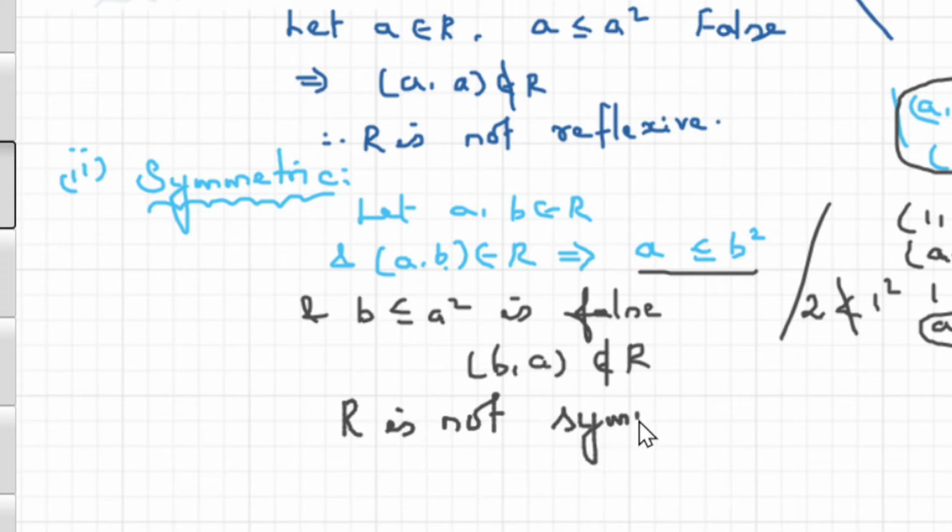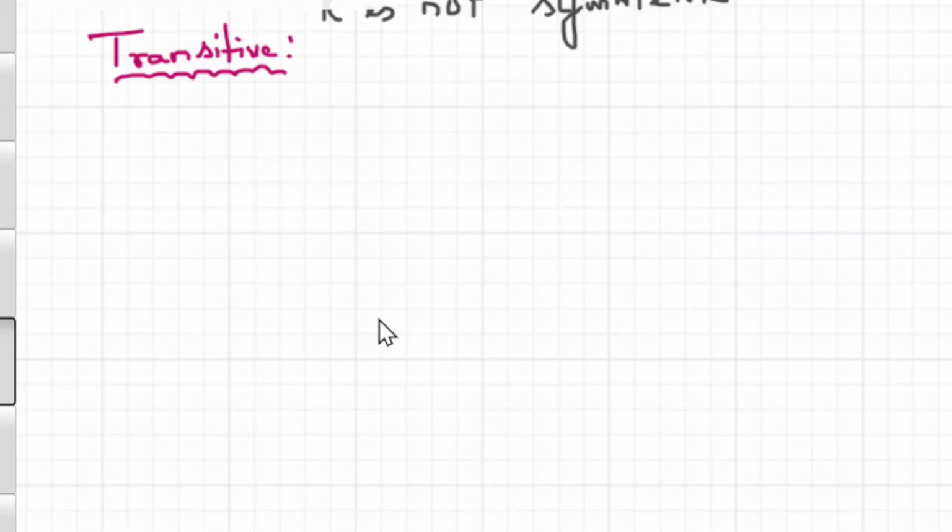Therefore R is not symmetric. Now we are going to prove the next condition, transitive. In transitive, we take three elements a, b, and c.